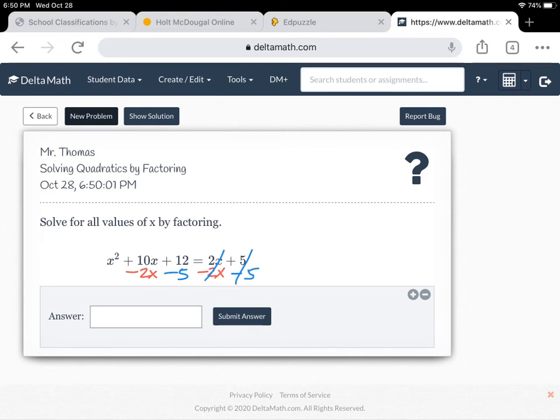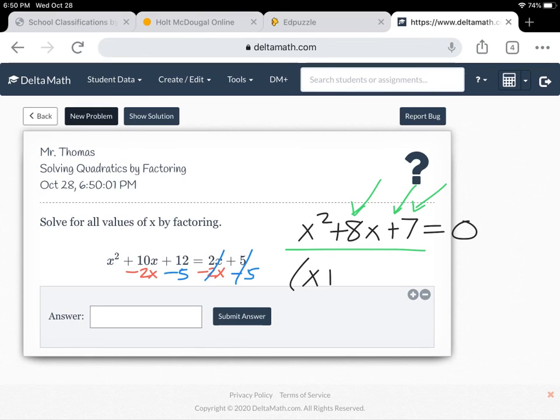So all that's going to cancel. So on the left side, that's going to give me x squared plus 8x plus 7 all equals 0. Now that I have this trinomial on the left-hand side, I'm going to factor it. So factors of 7 that add to give me 8, and that's 1 and 7. They're both positive.